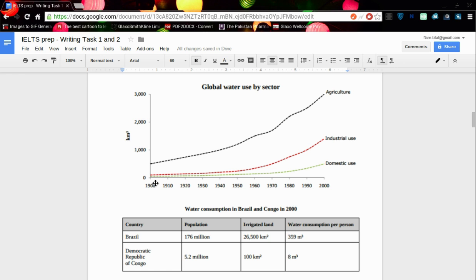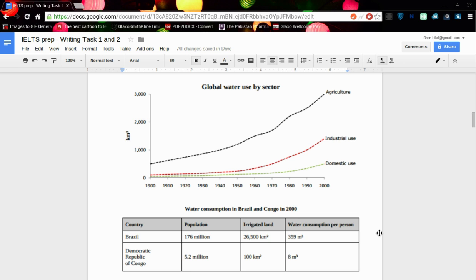You can go on to say that industrial use and domestic use didn't increase, but a better way to explain it is that domestic and industrial use were quite similar in 1900, and they increased till 2000 at a good pace. But industrial use is now more. In 2000, industrial use got higher, but domestic use didn't increase much from its initial outlay.